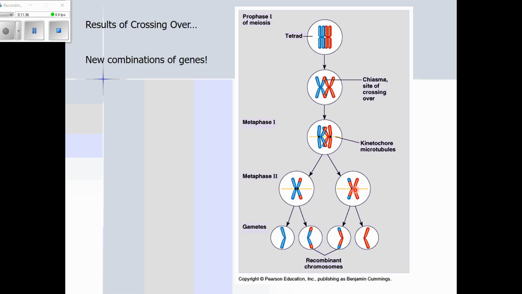And this is a random shuffling. It's different every time. So every time sperm cells are made, every time egg cells are made, the shuffling is a little different. And so you always end up with a unique combination of maternal and paternal genes in the gametes.